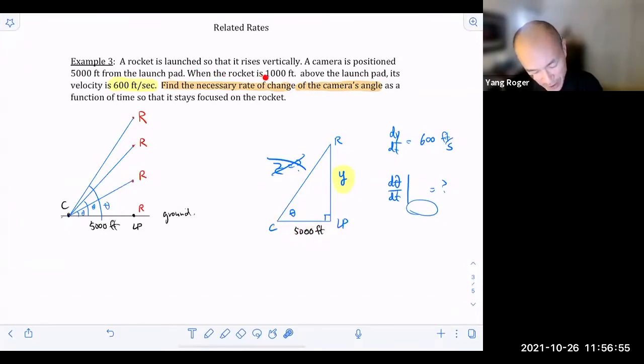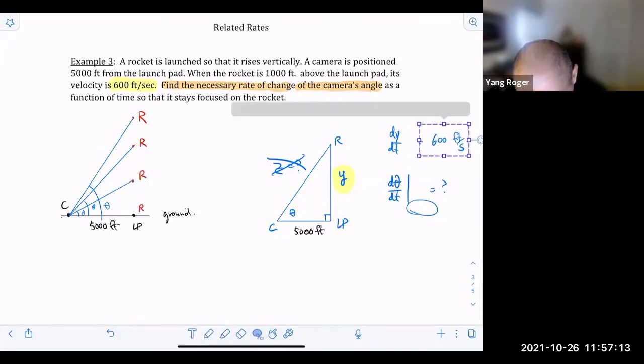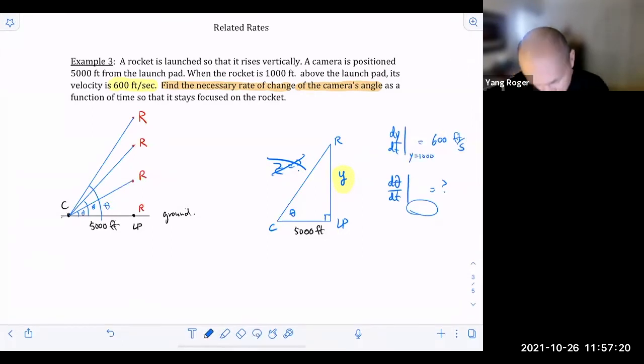When the rocket is 1,000 feet above the launch pad, its velocity is 600 feet per second. So they are actually telling me that this velocity is when y is equal to 1,000.